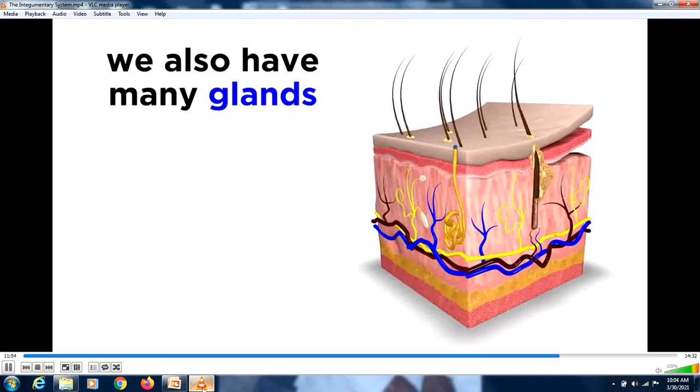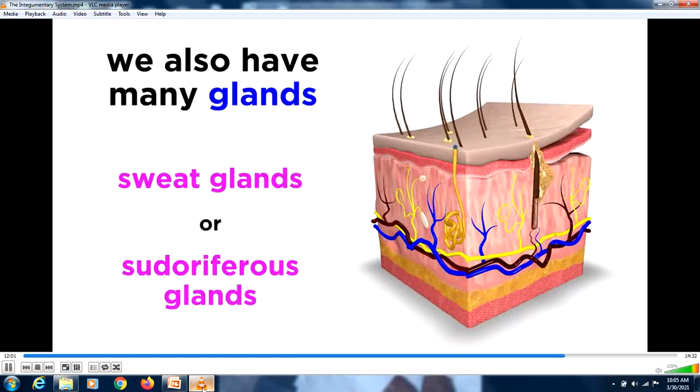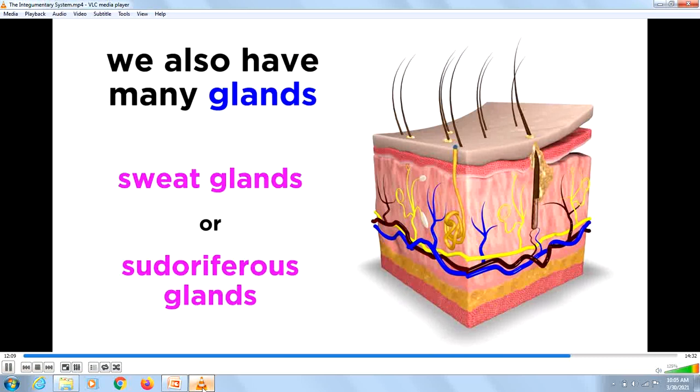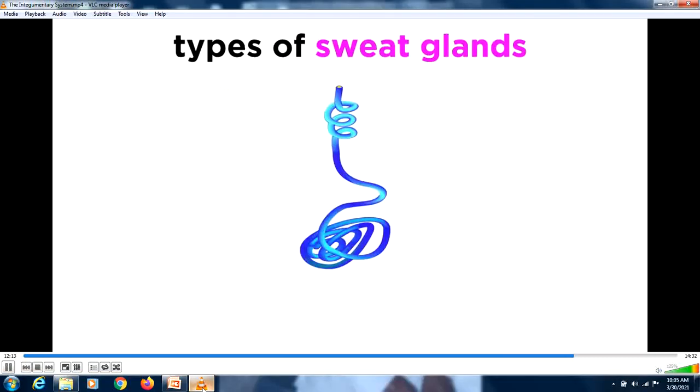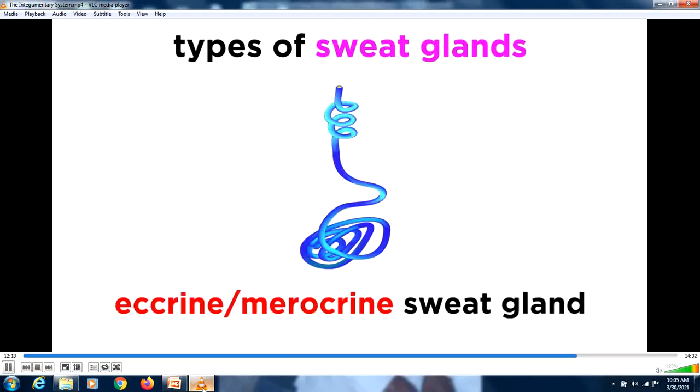The last part of the integumentary system we must mention is the vast collection of glands that can be found. First up are the sweat glands, also known as sudoriferous glands. These are found almost everywhere on the surface of the skin, totaling up to around 3 million. There are two types of sweat glands. The first is called apocrine or merocrine sweat glands.